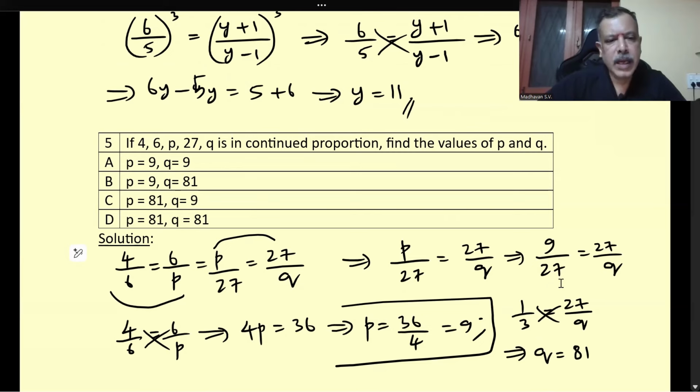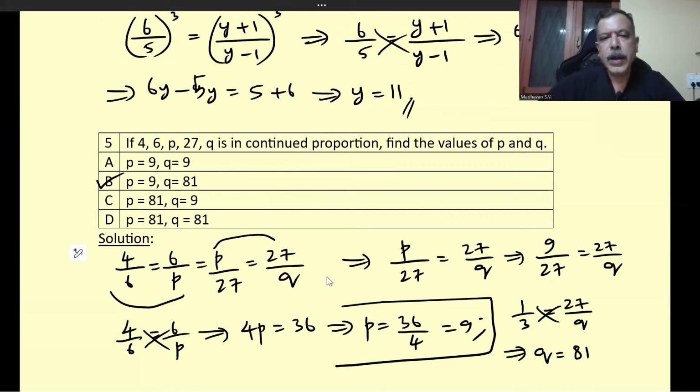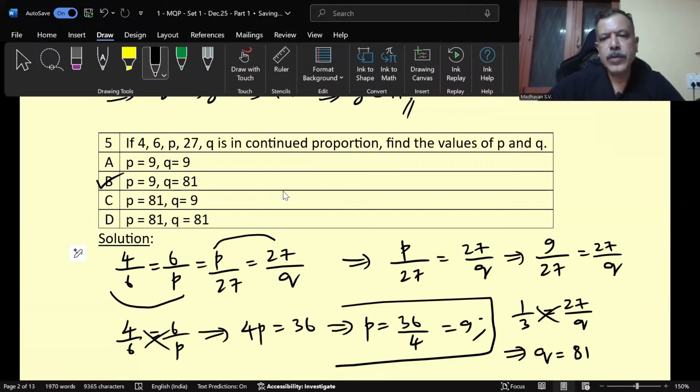Means P is 9 and Q is 81, which is option B. We will continue with this particular question paper in the subsequent video.